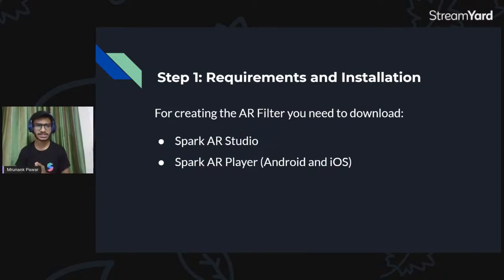Spark AR Studio is the place where you will create an AR filter, and Spark AR Player is an app where you can try your AR filter which you have developed, to check how your filter has been created before publishing it. Spark AR Player is available for Android as well as iOS, and you can install Spark AR Studio on Windows as well as Mac. So it's cross platform, so no worries.